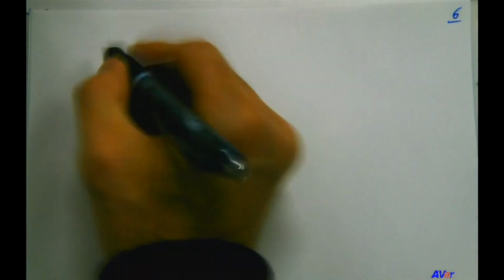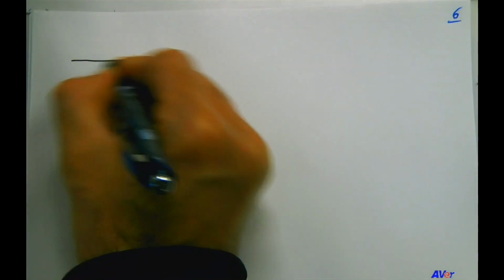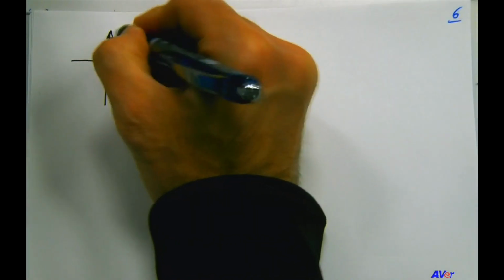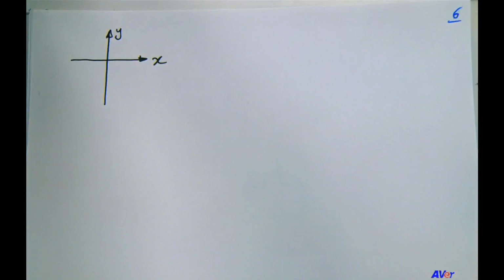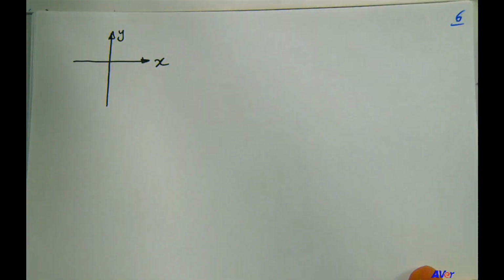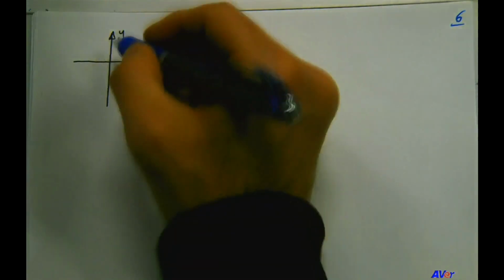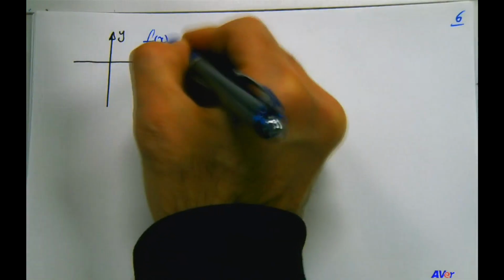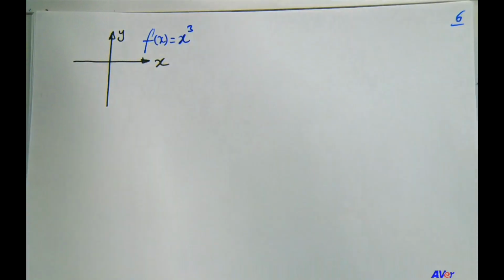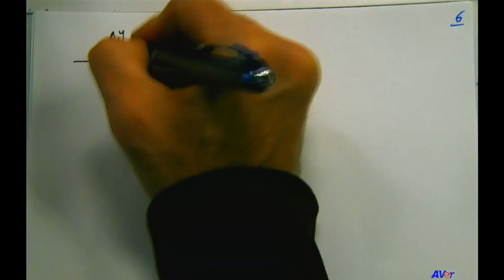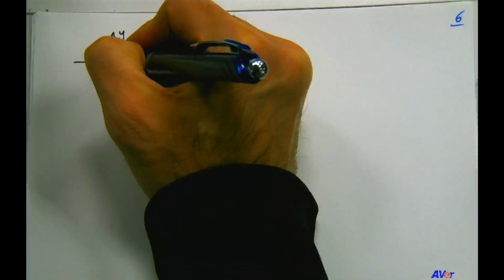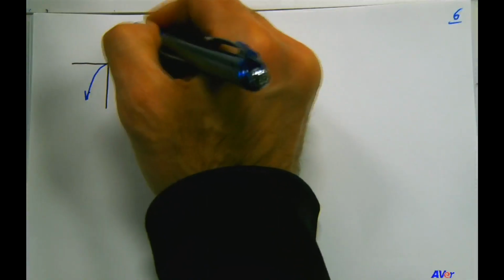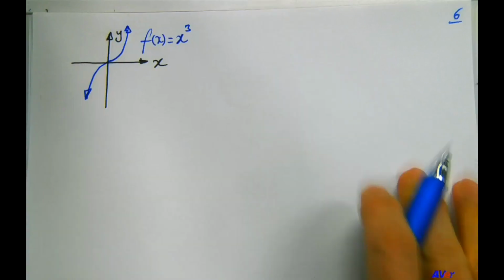For the cubic function, let's start with the basic cubic function. All right. So if we have f of x equals x cubed, let's start with the easiest one, the graph is going to look like this. Okay, like that.